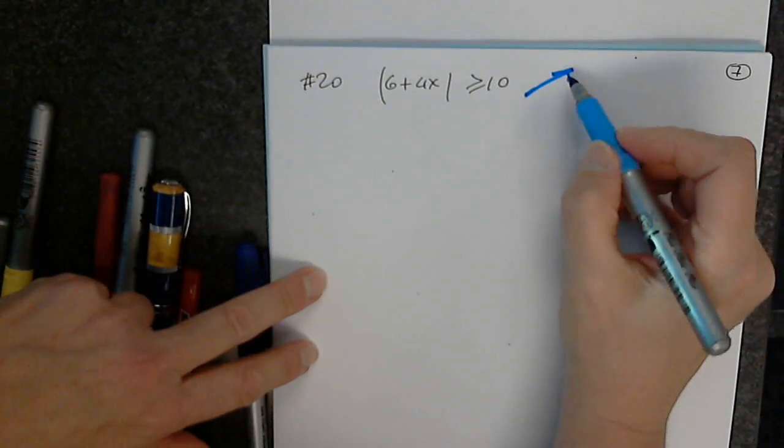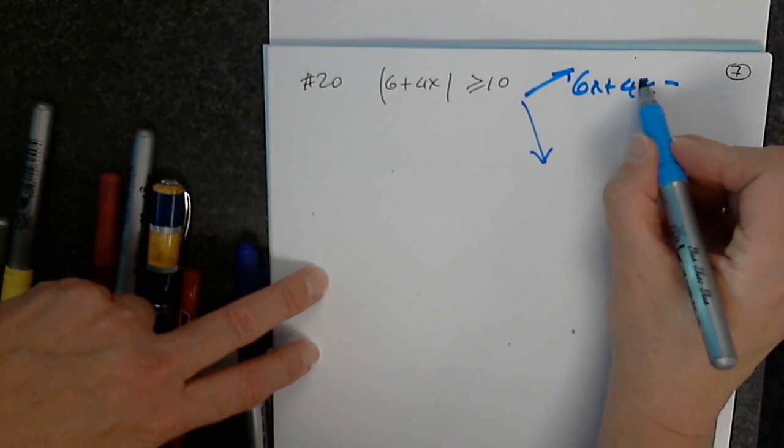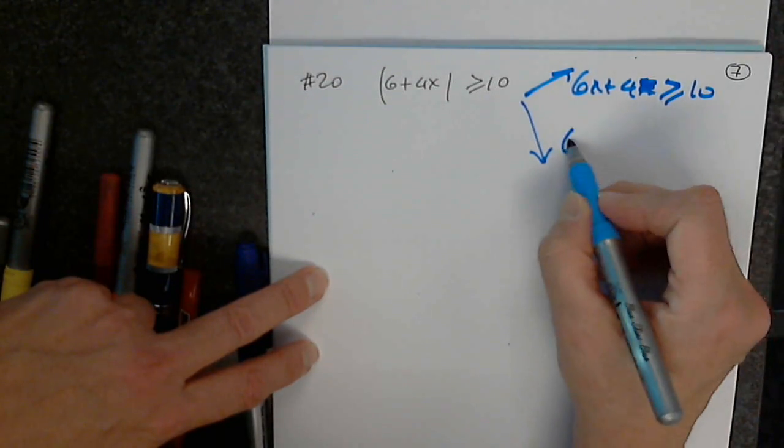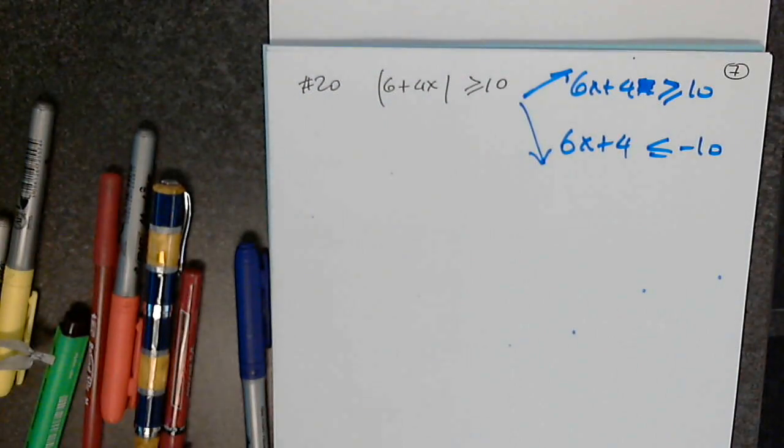Anyone wants to give it a shot? Yes. Excellent. 6 plus 4x is greater than or equal to 10, and 6 plus 4x is less than or equal to -10. Excellent. Thank you. Wonderful.